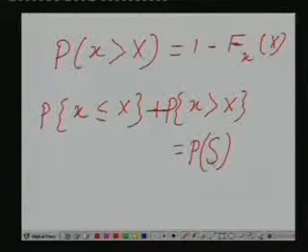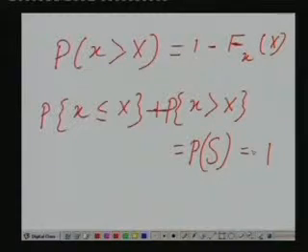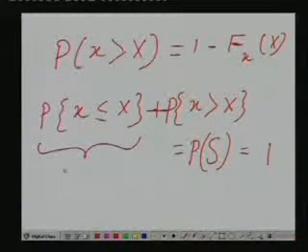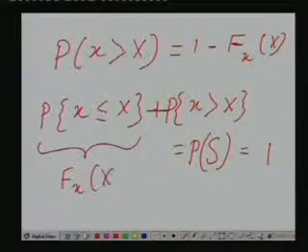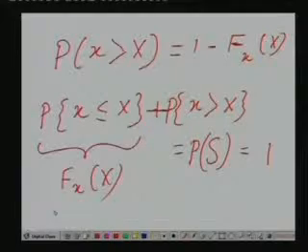So, P of this total set can be written like this, but since it is a total event, the most certain event, its probability is 1. So, this follows immediately, because this is nothing but f x of capital X. So, this is equal to 1 minus f x of capital X.